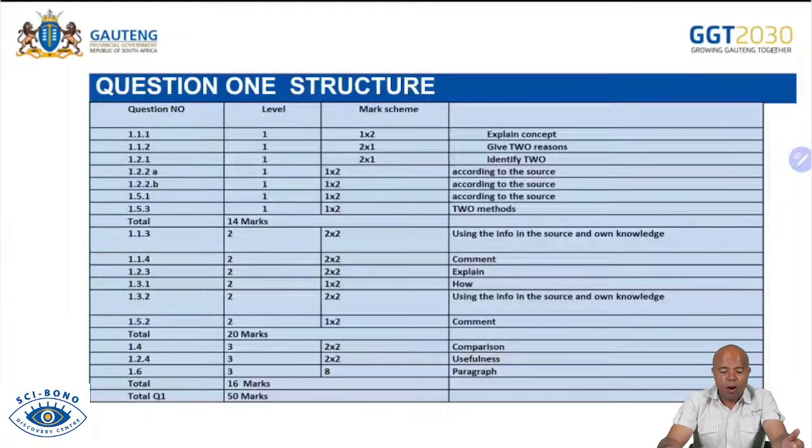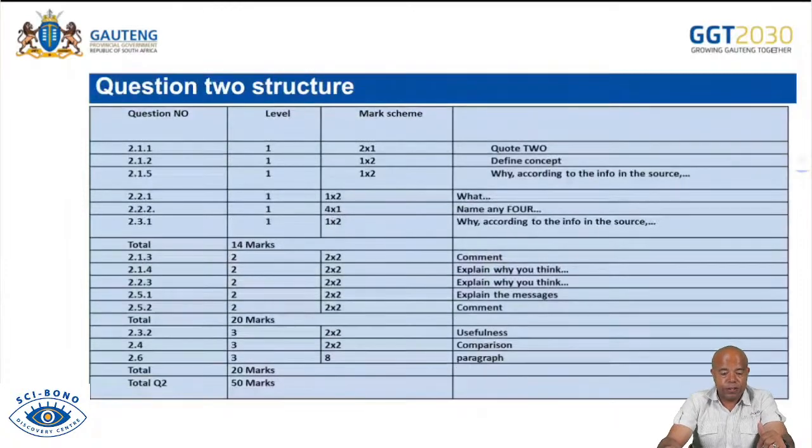When we go to 1.4, it's a comparison. When we go to 1.2.4, it's a usefulness. So it can be comment or it can be explain the usefulness. 1.6, it's a paragraph question. So when we add up 14, 20, 16, it gives us 50 marks.